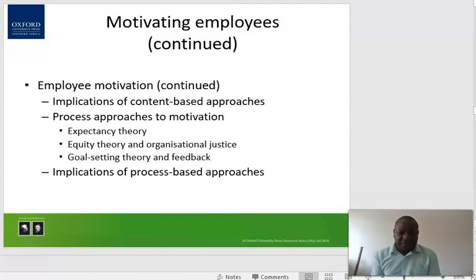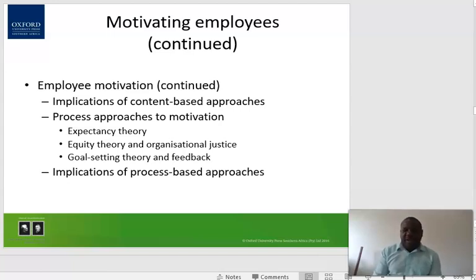There's a difference between equality and equity. Those two are different. So, according to the equity theory, people ought to be treated equitably. And there ought to be organizational justice in the organization. That alone can actually help to motivate people.